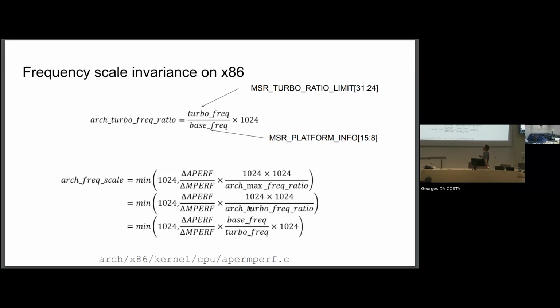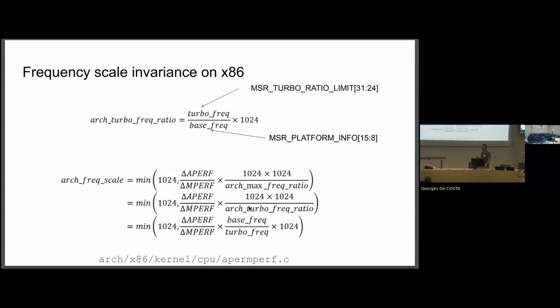And the way in which it is calculated is taking some number for max frequency, which we take from this register, the max turbo ratio that we get when 4 cores are active at the same time.